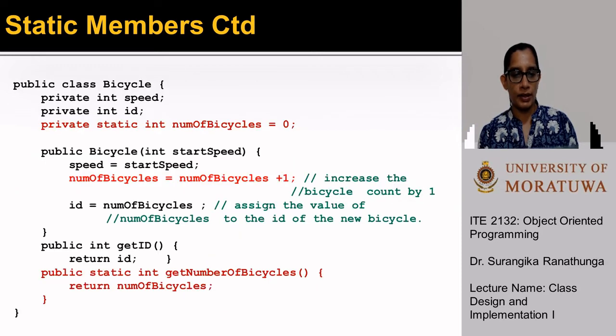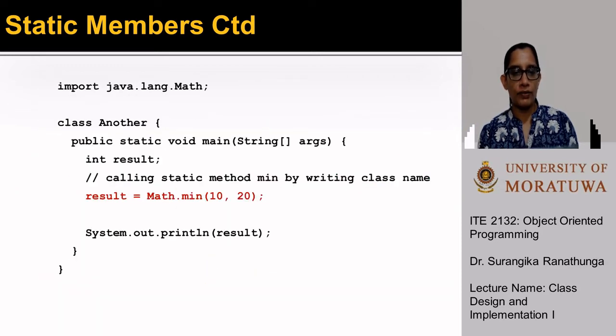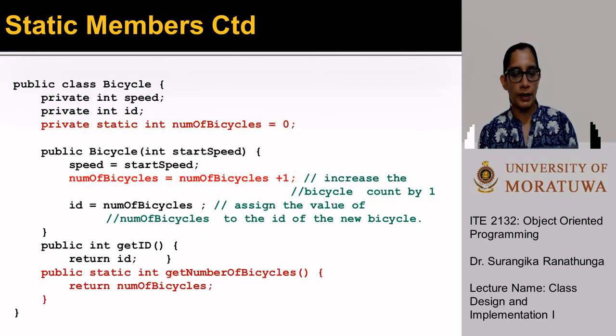However, if the method does not deal with any such instance attributes, then we can call that method even when no object has been created. That is something I think I forgot to highlight here: the static methods, we can call them even without an object, just by the class reference.